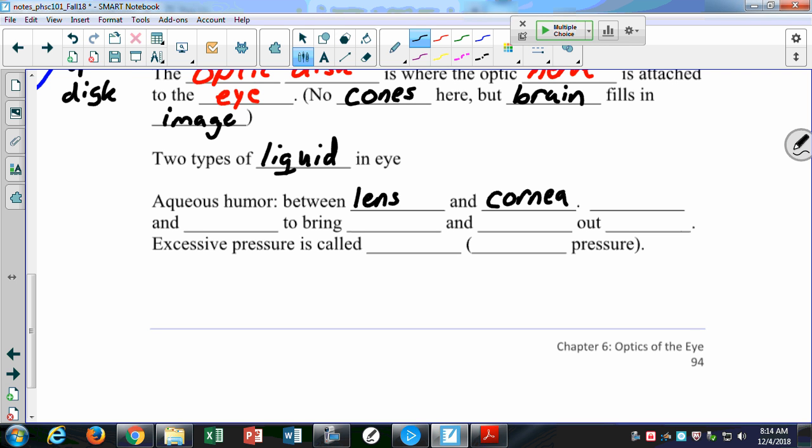Remember the dog with the tonometer? They did the little thing where they spit out that little pin to test the pressure of the aqueous humor. That's between the lens and the cornea. It replenishes and drains, to bring nutrients and flush out waste.